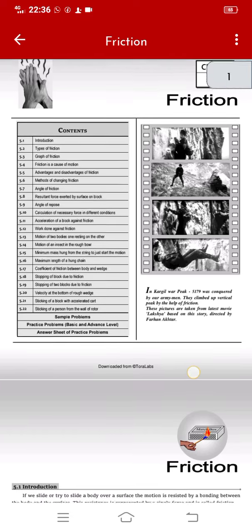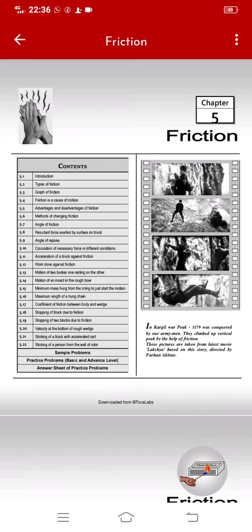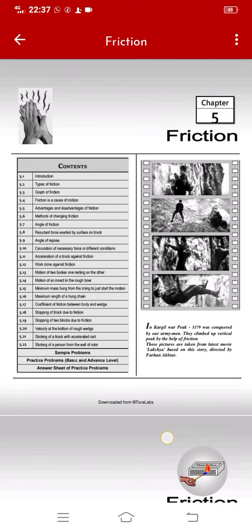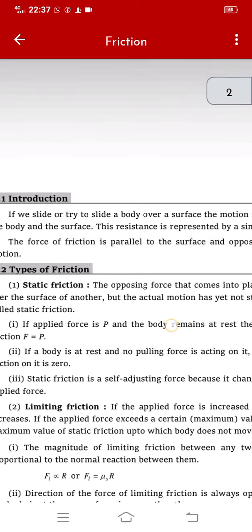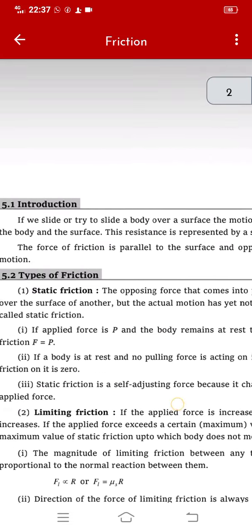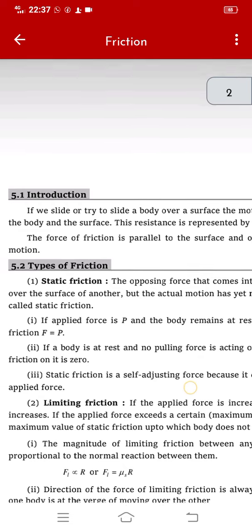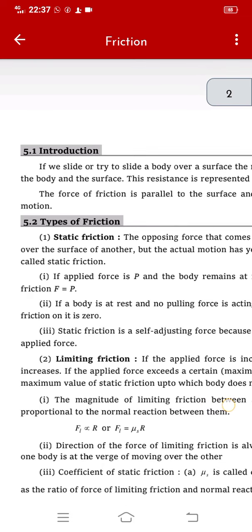My name is Gideon. I'm here to introduce a topic which is called friction. Now, as we already know, friction is a force which opposes relative motion, so we try to introduce this topic.